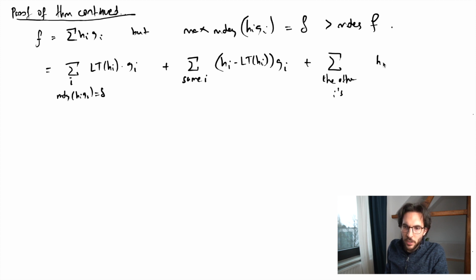So this is just h_i g_i. Observe that here the multi-degree is going to be strictly less than delta. Here this multi-degree is strictly less than delta. The only offending term is this first summand. So if I can find some coefficients of g_i that is able to represent this sum, but where each coefficient has lesser multi-degree, so that these products have multi-degree strictly less than delta, then I will solve my problem.